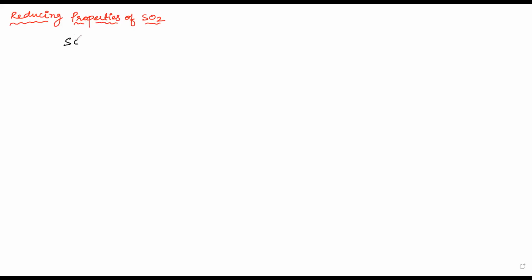If you react sulfur dioxide with water, the products that you get are SO4 2 negative, plus 2 electrons, plus 4 protons, that is 4 H plus ions. Okay, so this is the general reaction. One of the major products that you will always form is SO4 2 negative when reading about the reducing properties of SO2.